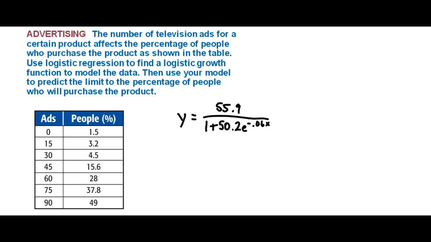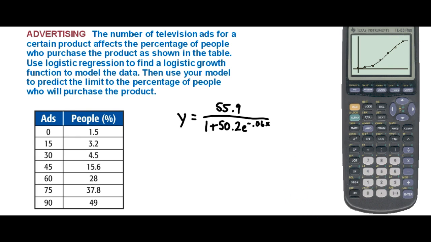Now notice the question's actually asking us to predict the limit of growth here, the limit to the percentage of people that will buy our product, and we know that makes sense because no matter what product it is, not 100% of the consumers are ever going to probably buy that. So you do reach this limit as you're going along.